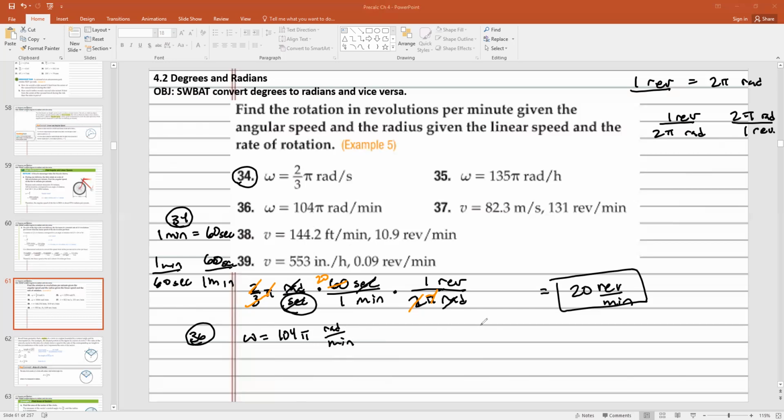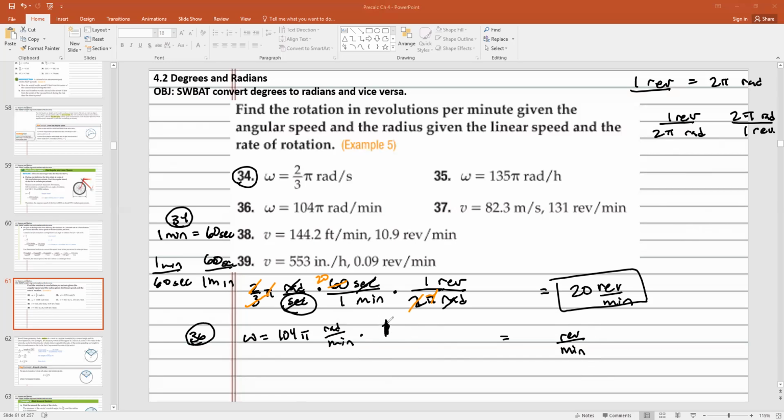Notice that we already have minutes on the bottom. All right, so we don't need to touch that part, but we do need to change radians to revolutions. So we use this one up on top.